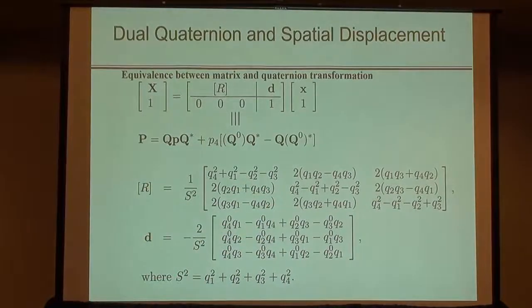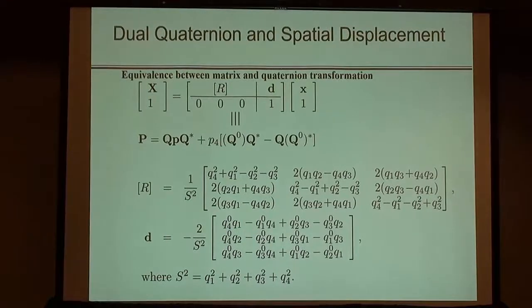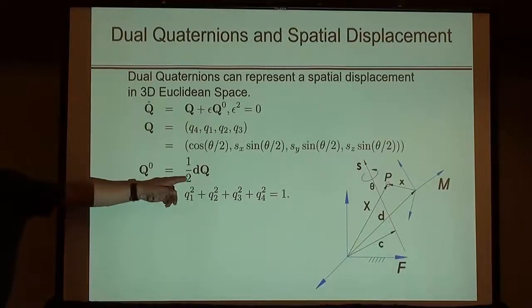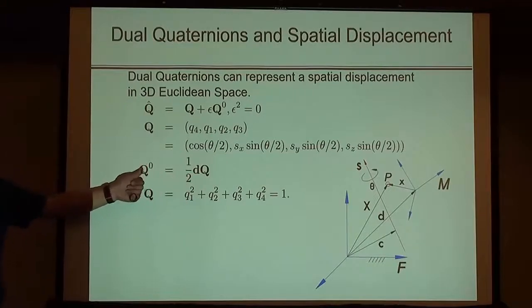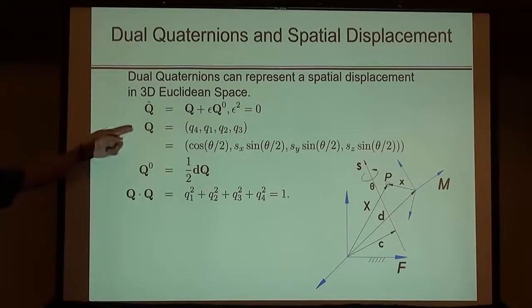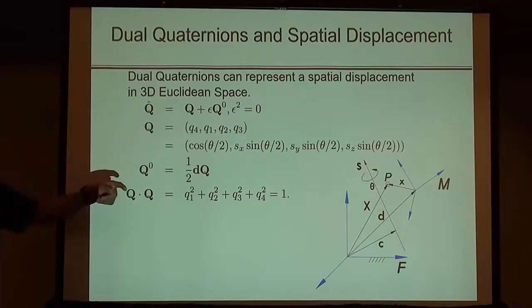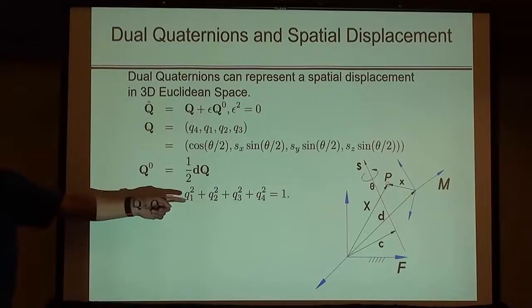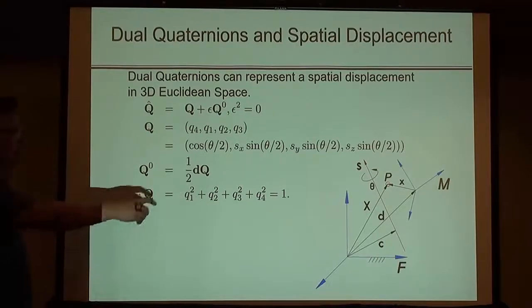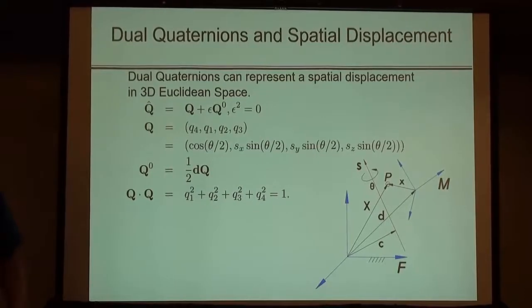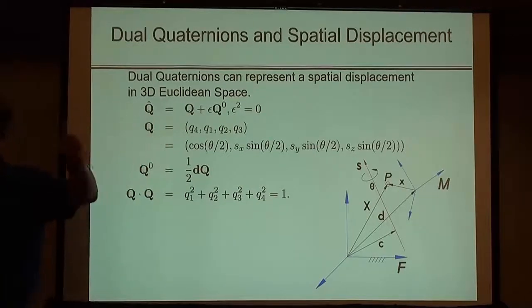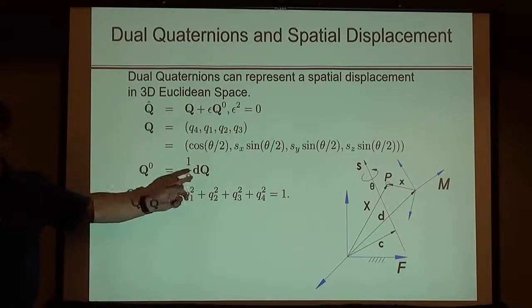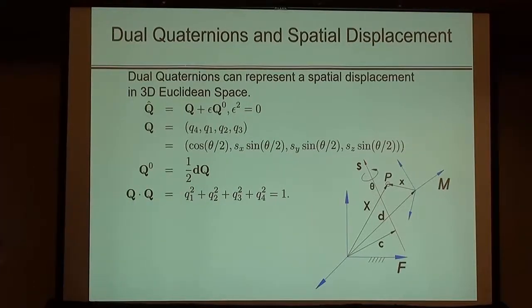And we represent D in terms of Qs. Now, what's amazing about this formulation is that if we come back here, when we define Q naught in this way, if you take the dot product between these two, if you treat them as vector components, it will be equal to 0. Okay, why? Because D is a vector quaternion. Remember there was one slide that talked about M? Vector quaternion can be represented by a 4x4 skew symmetric matrix.